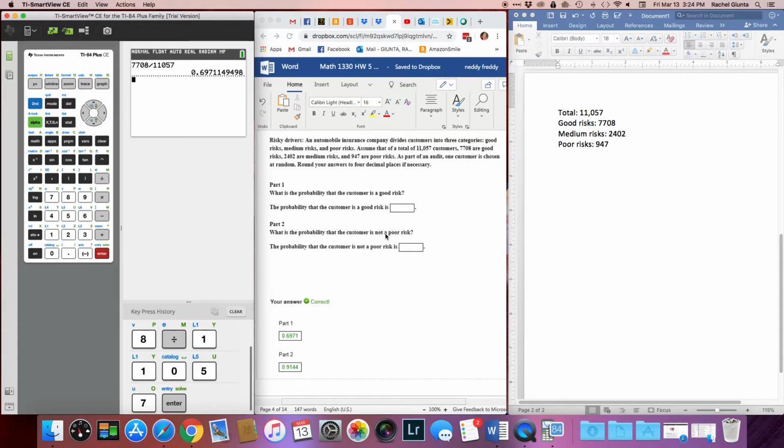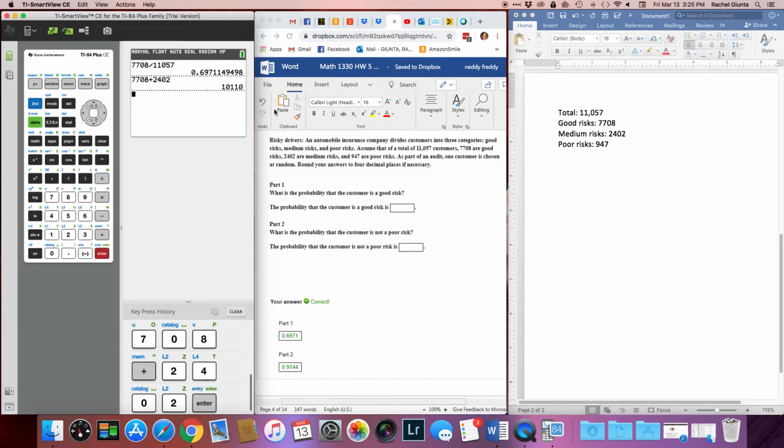Probability that the customer is not a poor risk. Make sure you're looking for words like not in these questions. So there are multiple ways that you can do this, and that would all give you the same correct answer. You can add together your good risks and your medium risks because those are the people that are not poor risks. So to do it like that, 7708 plus 2402.